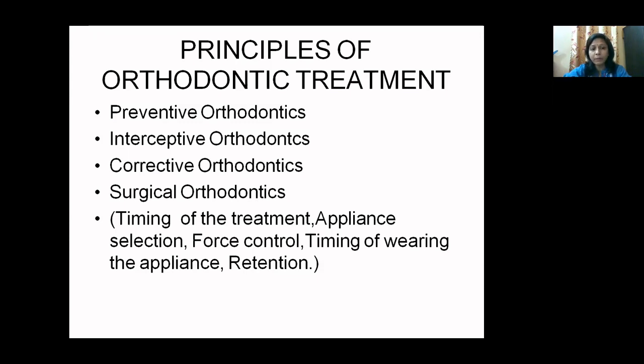But in interceptive, the malocclusion has already started, and we have to intercept it by our interceptive measures. This stage differs from preventive orthodontics in that here malocclusion has already set in. By undertaking appropriate interceptive procedures, it is possible to prevent establishment of a full-fledged malocclusion that may require long-term orthodontic treatment at a later stage. So certain procedures under preventive and interceptive orthodontics may overlap, but they are different from each other.